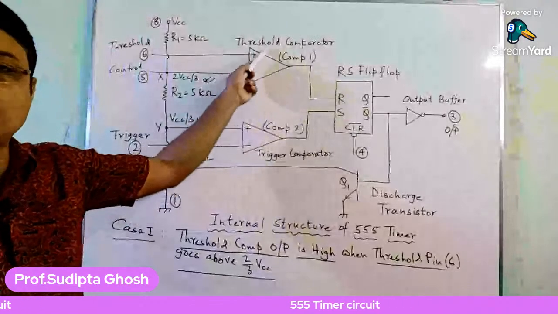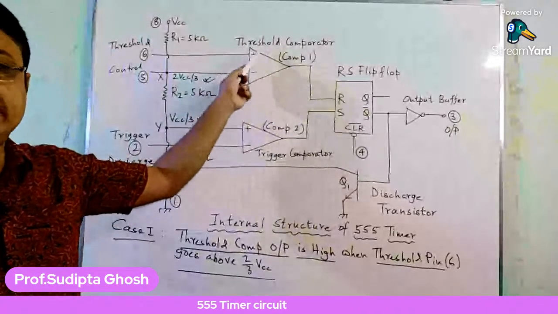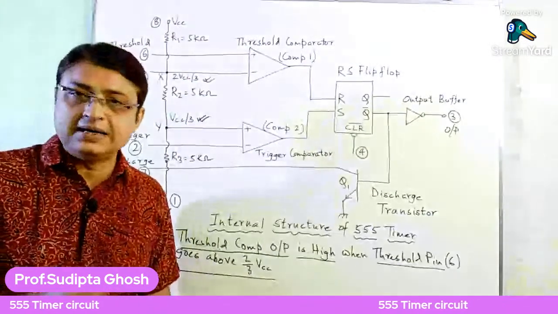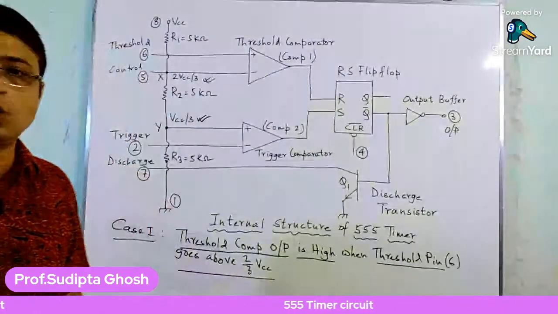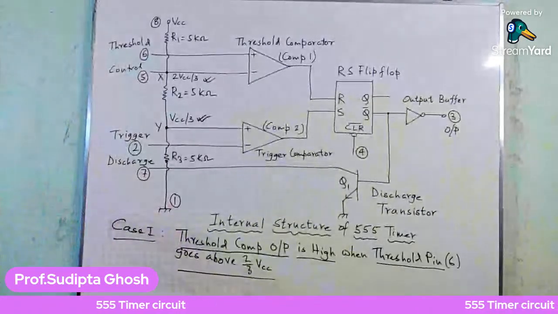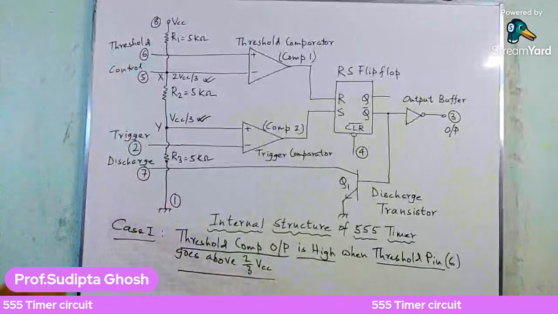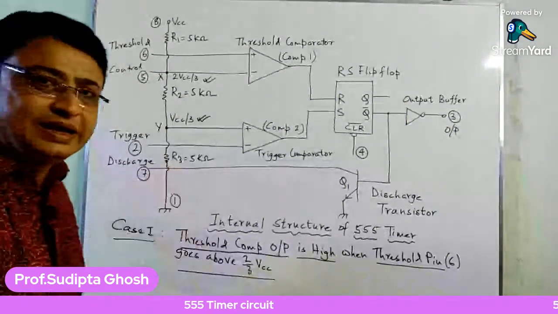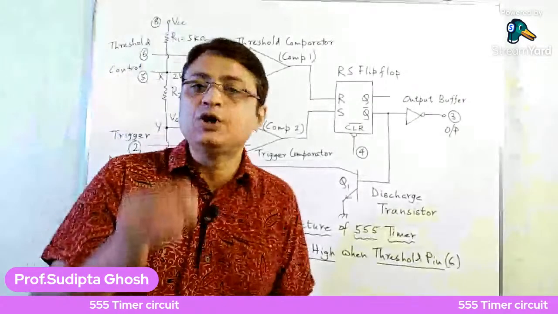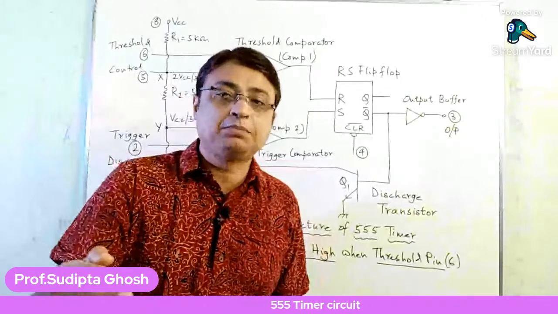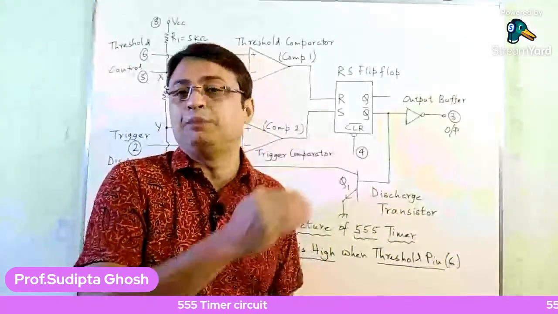One is the non-inverting terminal, that is the plus end, and the other is the inverting terminal, or the minus end. Now, as we know, any comparator output goes high when the non-inverting input voltage goes above the inverting input voltage.